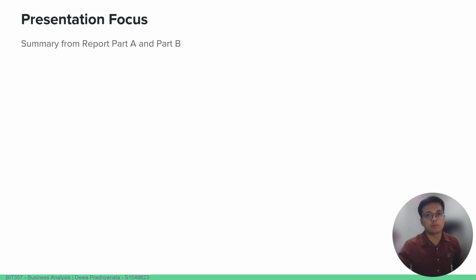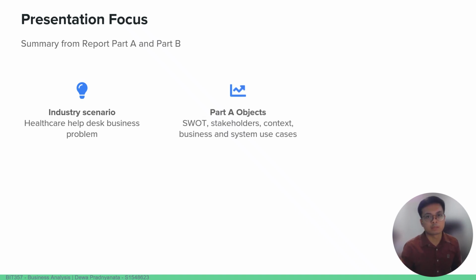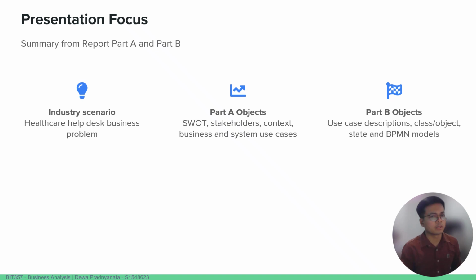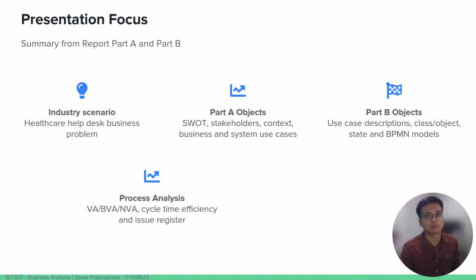My presentation focus: first, I'll start with the industry scenario and the key business problem identified in Part A. Then I will explain the main business analysis artifacts, including the stakeholder map, context diagram, business use case diagram, and system use case diagram.